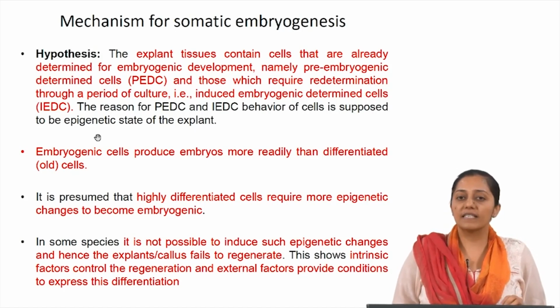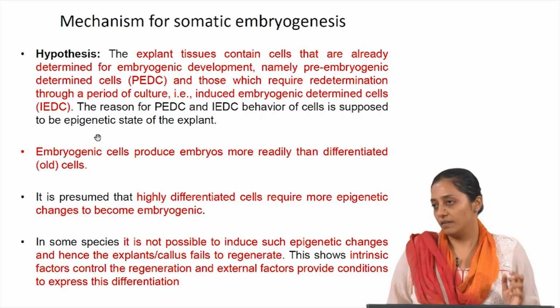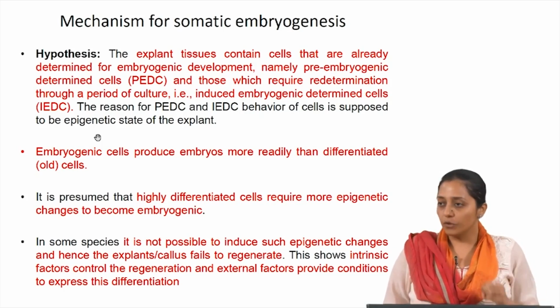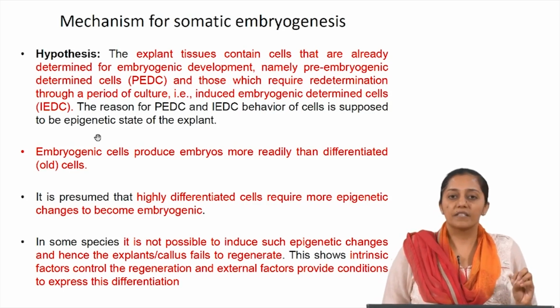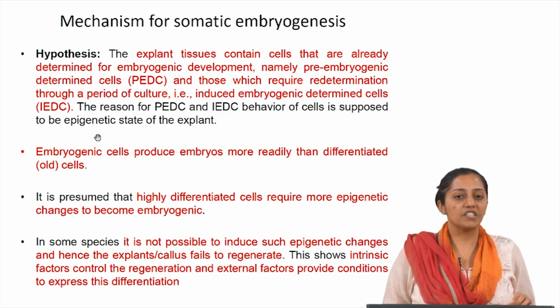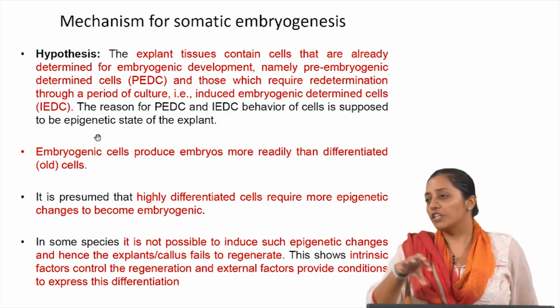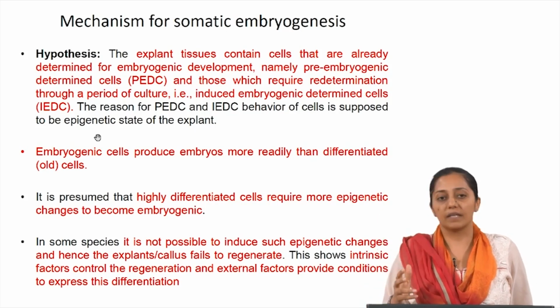Now embryogenic cells, they produce embryos more readily than the differentiated explants or induced embryogenic competent cells. So it is presumed that highly differentiated cells, more epigenetic changes. So when we change the environmental parameters or we give stimuli, then what is happening?